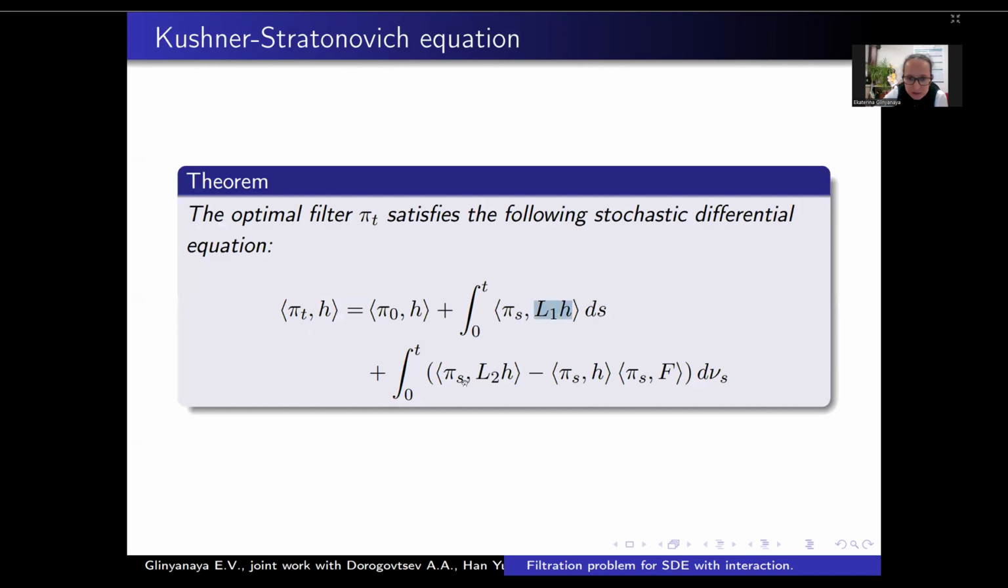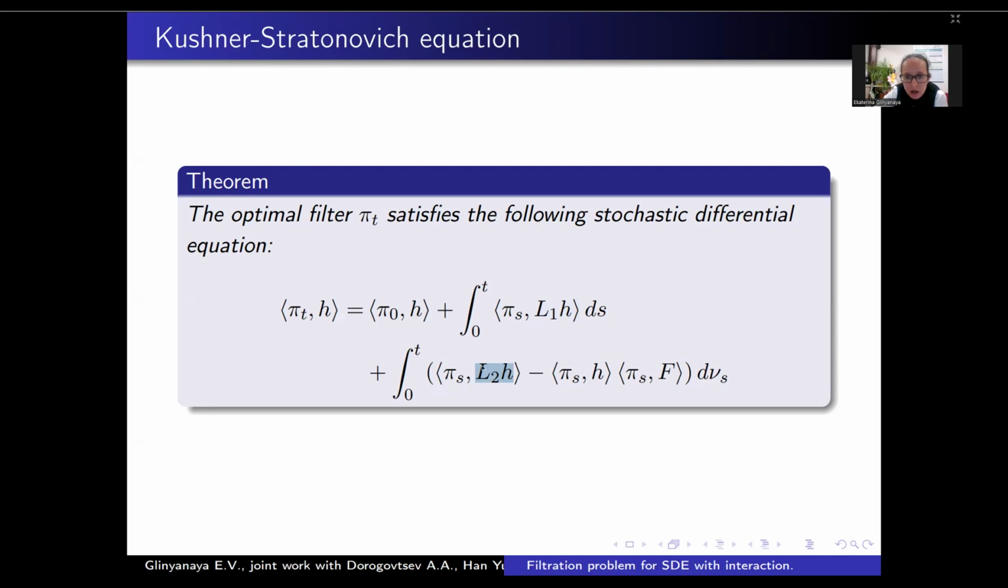I didn't write them here, but L1 is the action of the generator of the initial stochastic differential equation, and L2 has a coefficient which depends on the observable process itself.